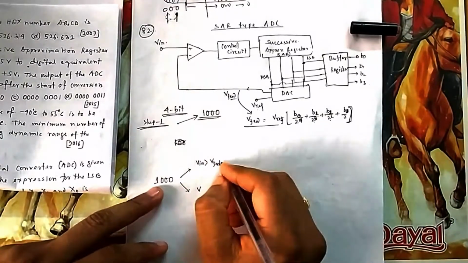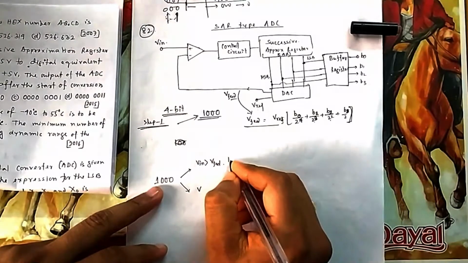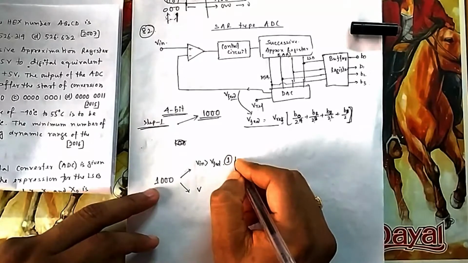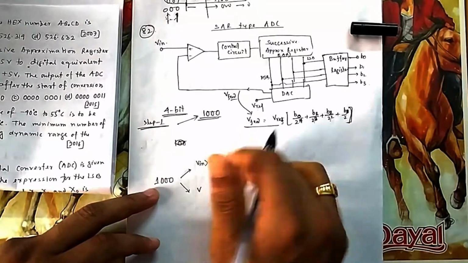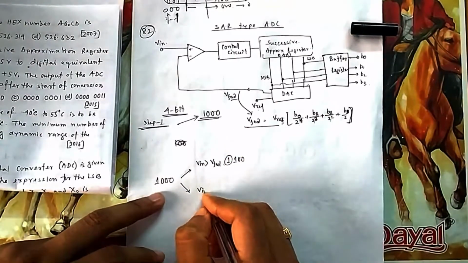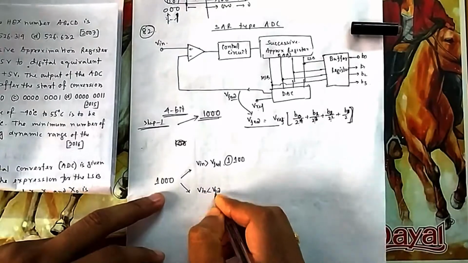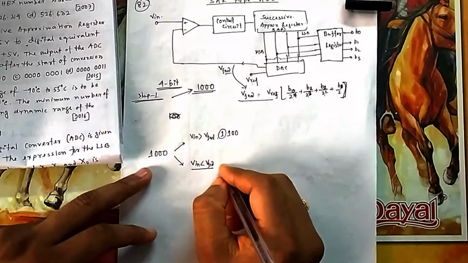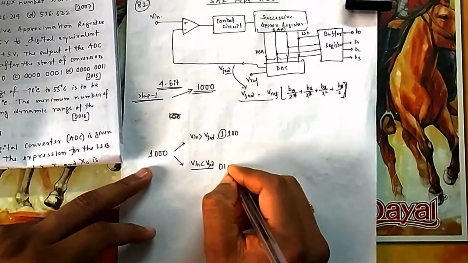If it is greater, then you keep the first bit as 1, and the next bit will be made 1 to make the next comparison. Suppose V in is less than V feedback, that means you cannot keep it 1, so you make it 0, and then you make the next bit 1.